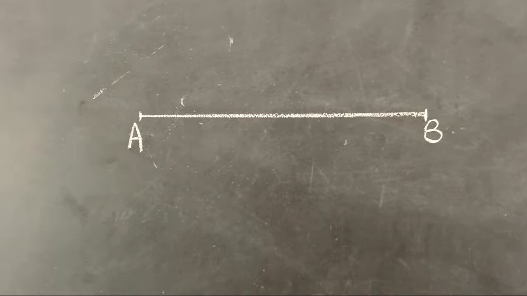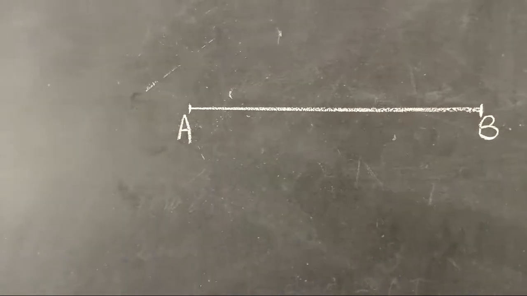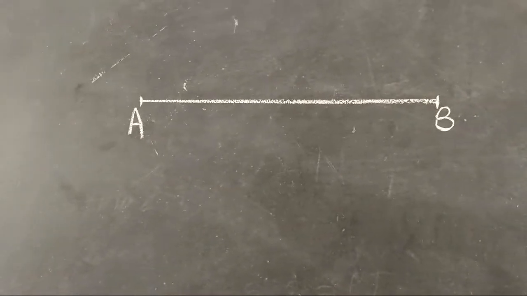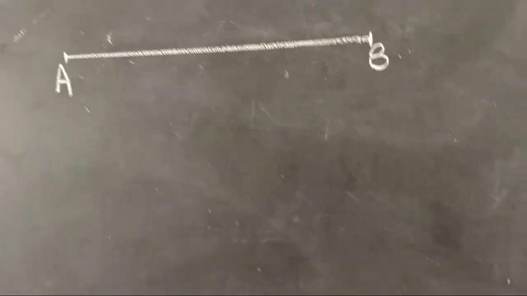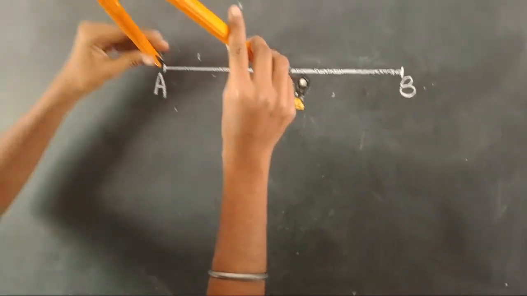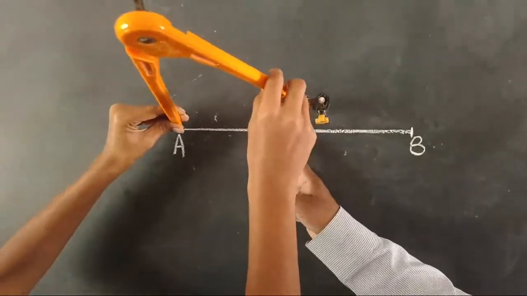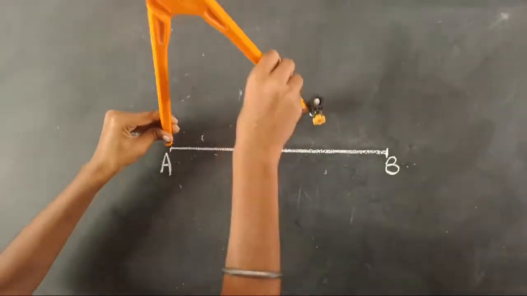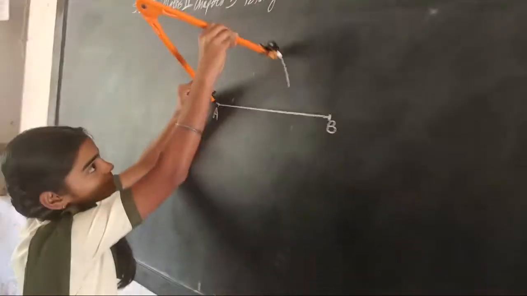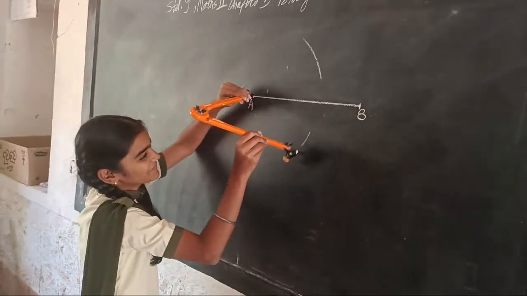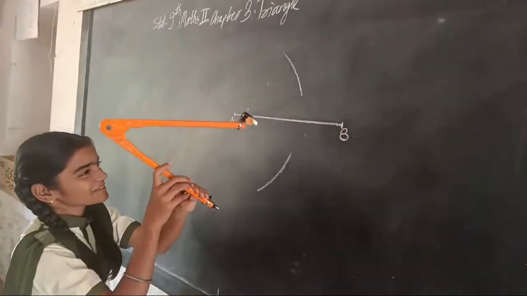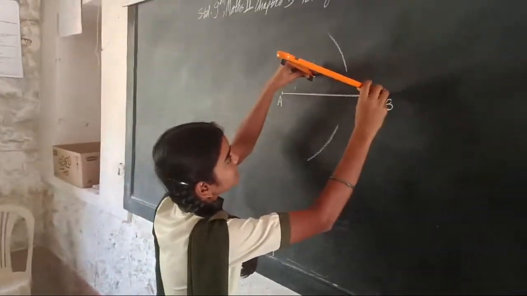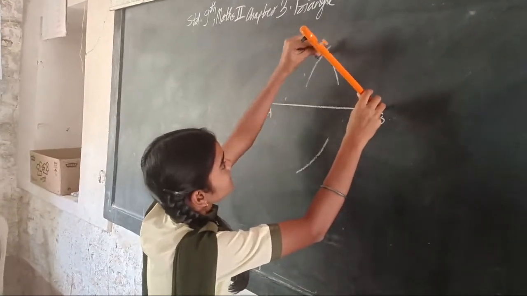Yes, come here. Good. Take a distance greater than half, and lock here, correct.